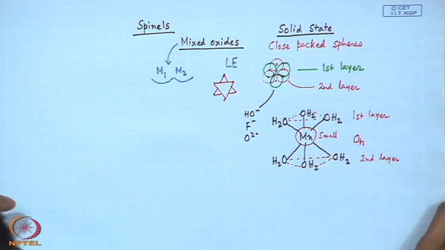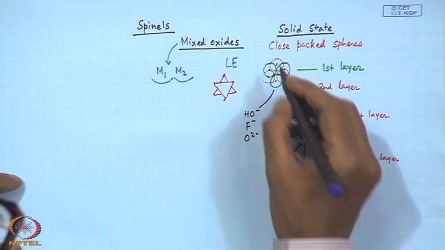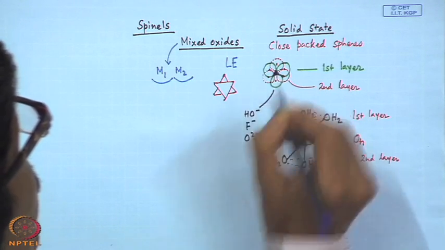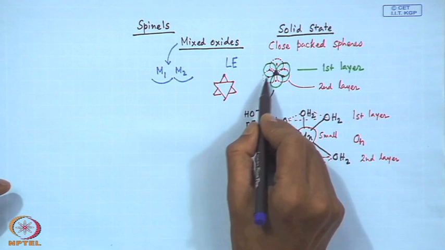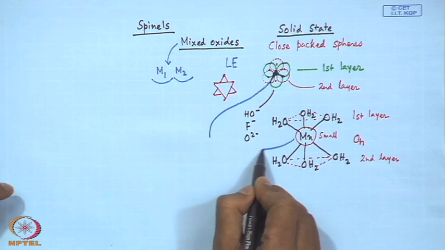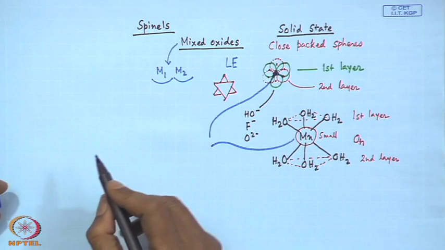But at the end what is happening is that we are generating this small space. This small space is nothing but the equivalent position of this manganese.